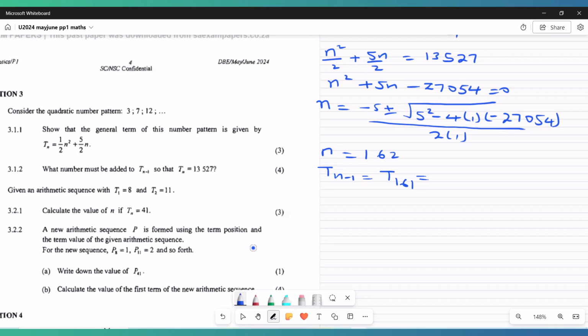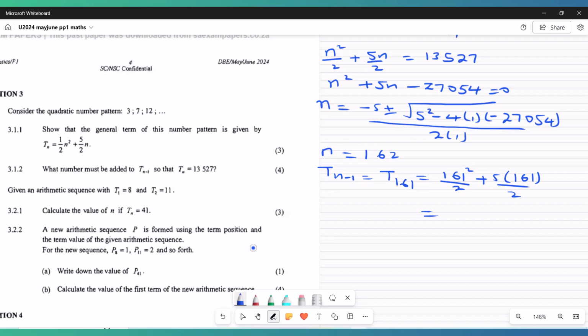So I'm going to have 161 squared divided by 2, then plus 5 into 161 divided by 2.